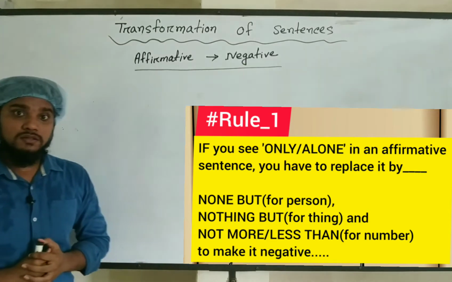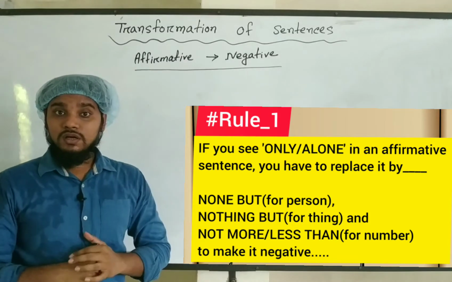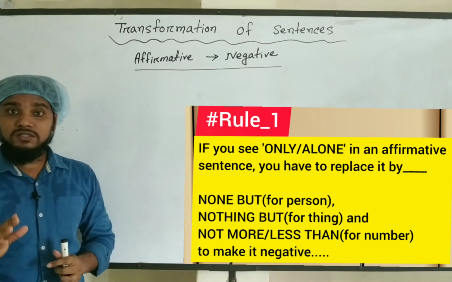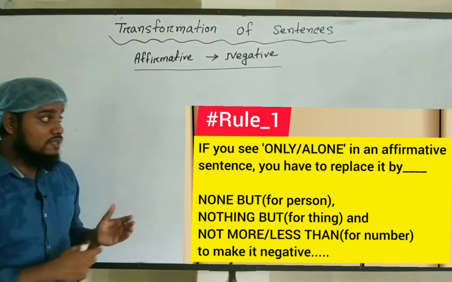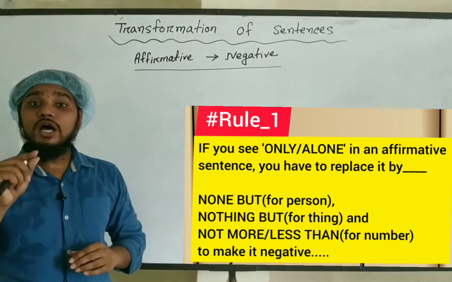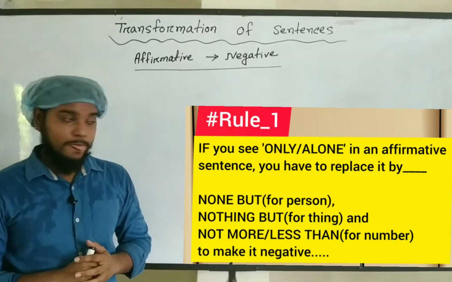Let me explain. If only is used before a person, you have to use none but instead of only. If only is used before a thing, you have to use nothing but instead of only.